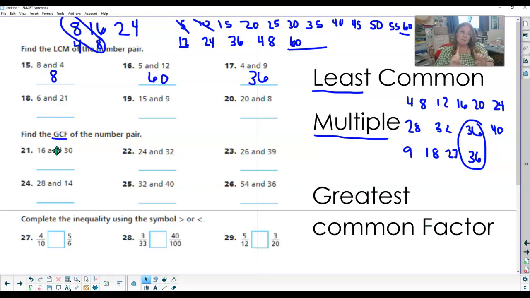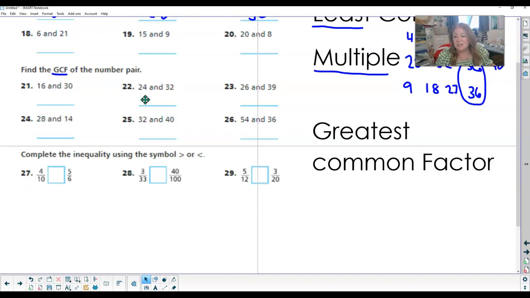Lots of times we get those mixed up because we think, oh, least, it has to be little. But it's actually the littlest one that's bigger, and factors are the biggest one that is smaller than them.